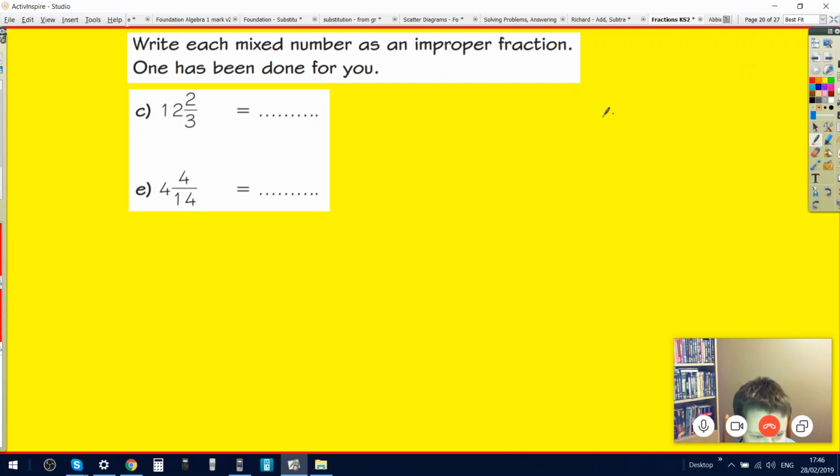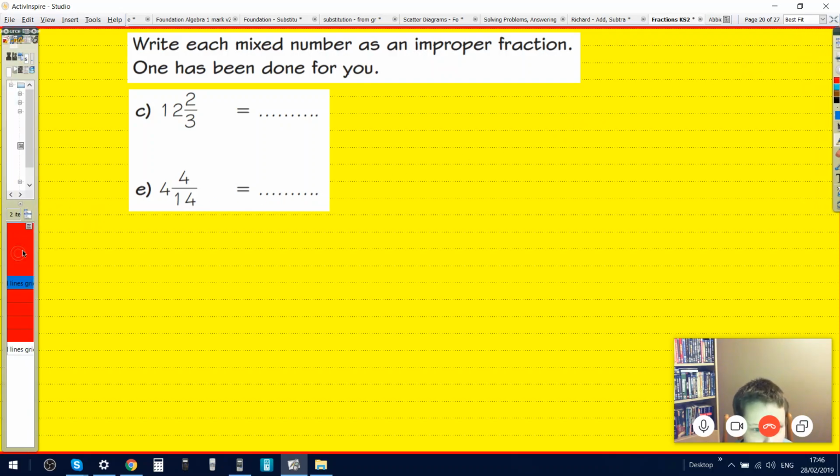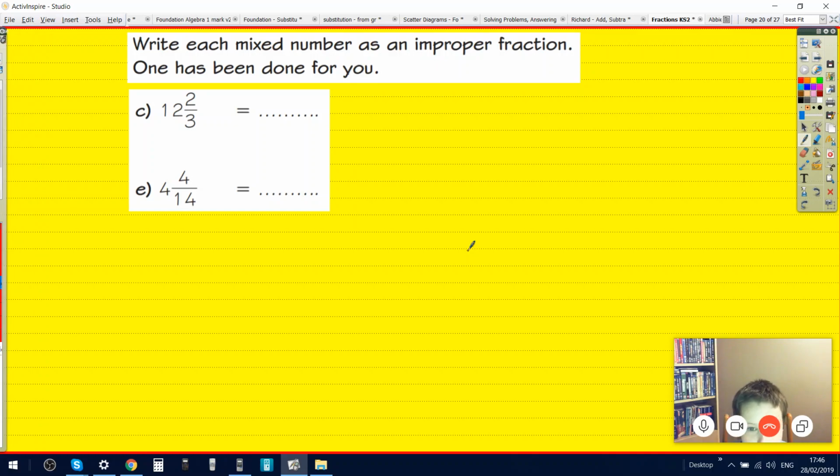Let's try C. Okay, C. So write each mixed number as an improper fraction, and one has been done for you. So we need to convert 12 and 2/3 into an improper fraction. No, we need to convert the mixed numbers into an improper fraction.